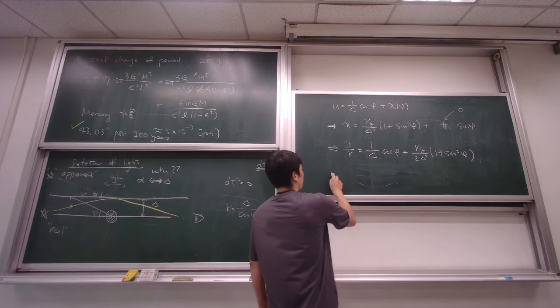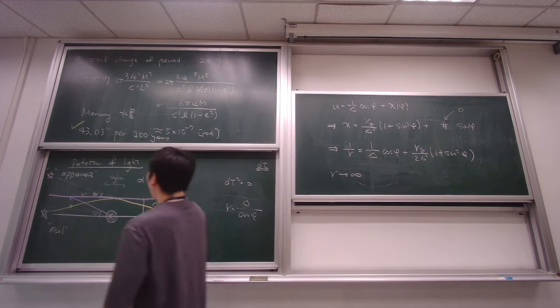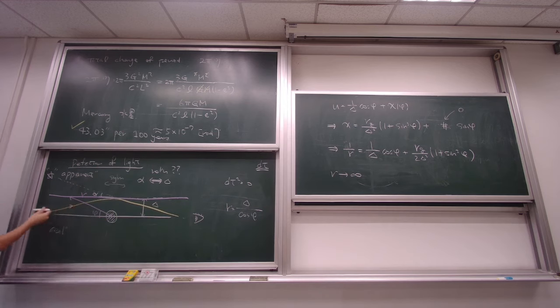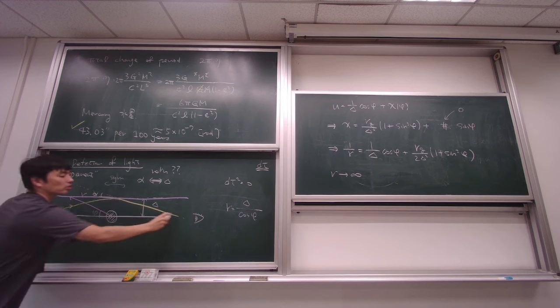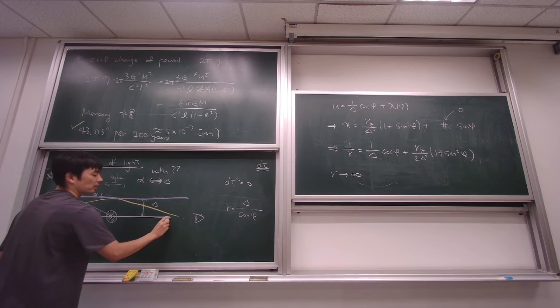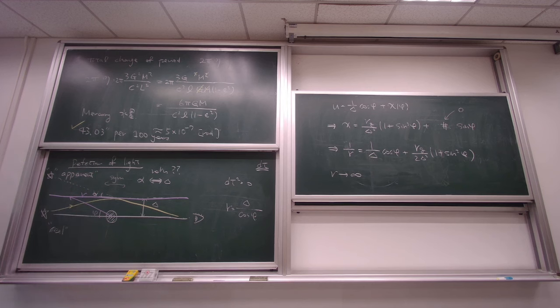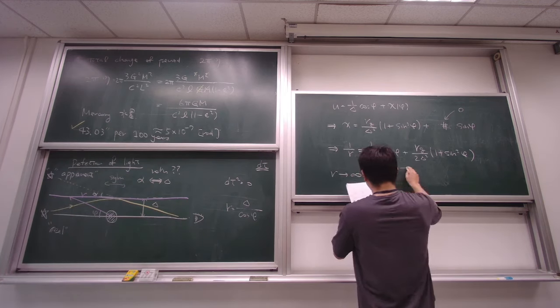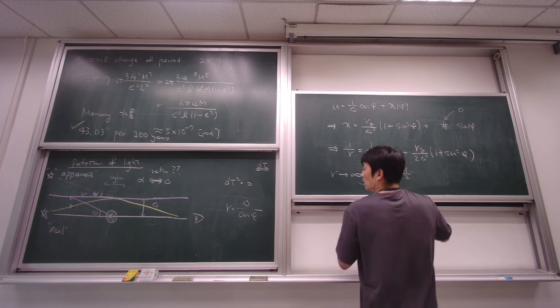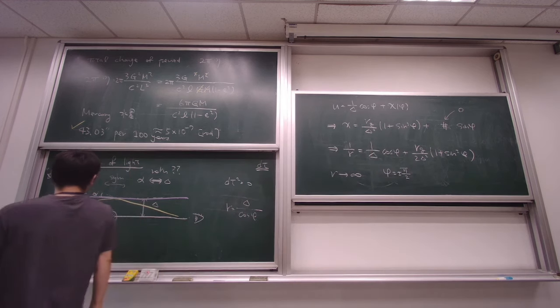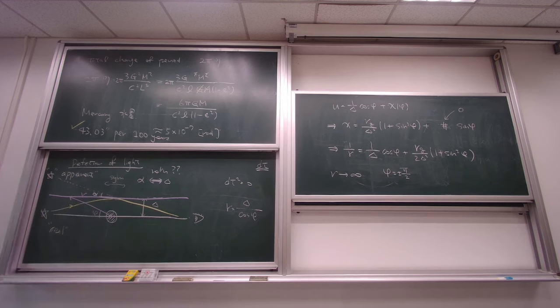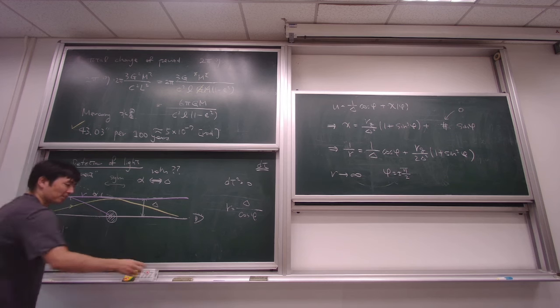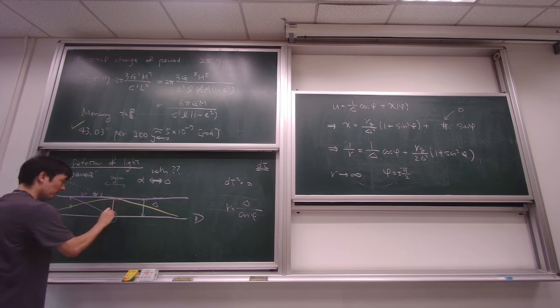So when R goes to infinity, this yellow line goes really close to this axis. In this case, the angle phi is almost pi over 2 plus or minus.